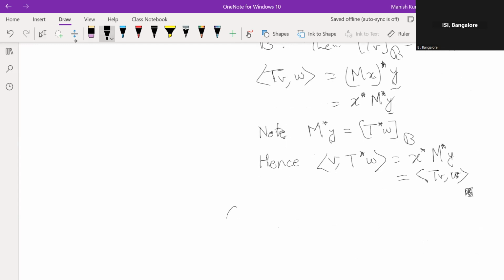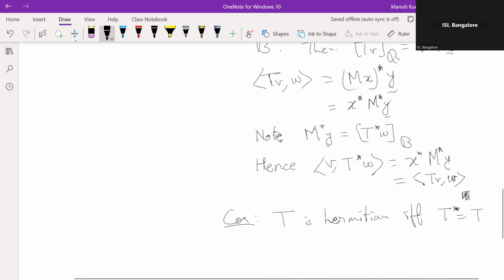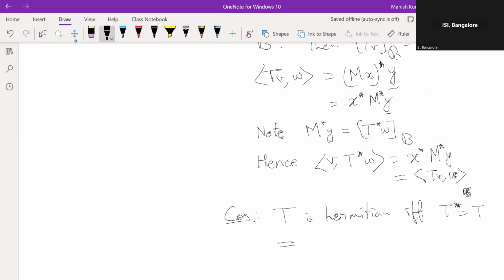So a consequence of this is that T is Hermitian if and only if, of course, T star has to be T. This is a tautology, because that's how T star is defined. But you can write it in terms of inner product as well, equivalently.